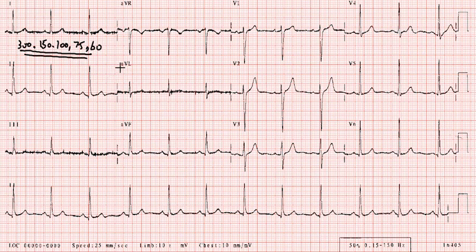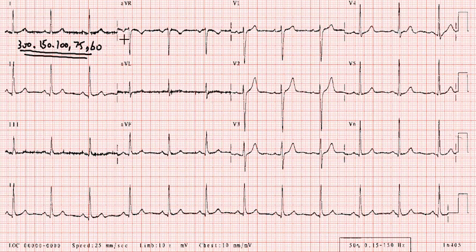We can calculate heart rate by counting the number of large waves between two consecutive R waves, like this R wave and this R wave. We can count the number of large boxes, and the other way is by counting the number of small boxes between two consecutive R waves. Here I am going to explain how to calculate heart rate by counting the number of large boxes between two consecutive R waves.